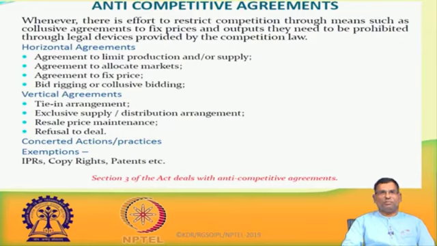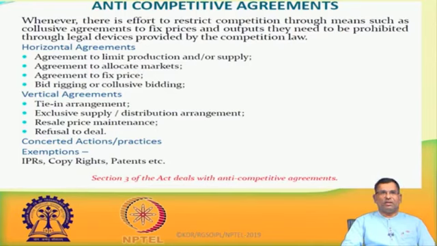Within the horizontal agreements, we will see elaborately what the anti-competitive agreements prohibited under competition law are. These are agreements to limit production and or supply, agreements to allocate markets, agreements to fix prices, and bid rigging or collusive bid rigging, that is, collusion between parties.